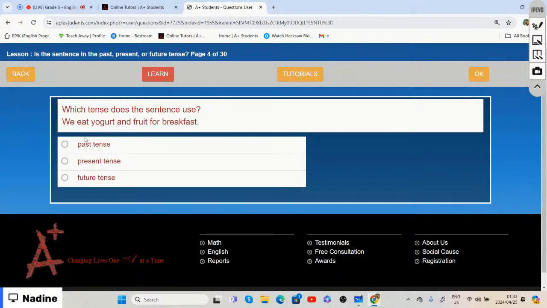We eat yogurt and fruit for breakfast. Is this the past, present, or future tense?